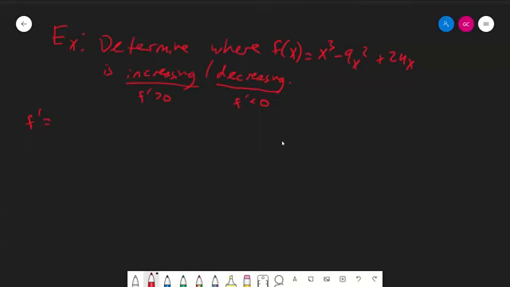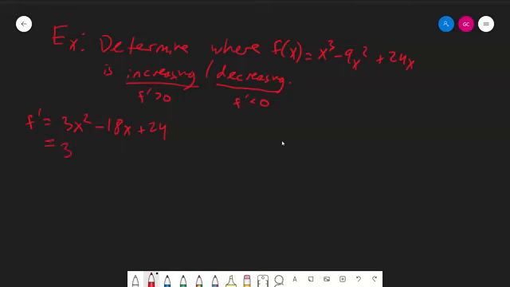Now in this case, f prime is 3x squared minus 18x plus 24. And to know where it's positive and negative, it's going to help to find out where it's 0. To do that, we want to factor f prime as much as we can.